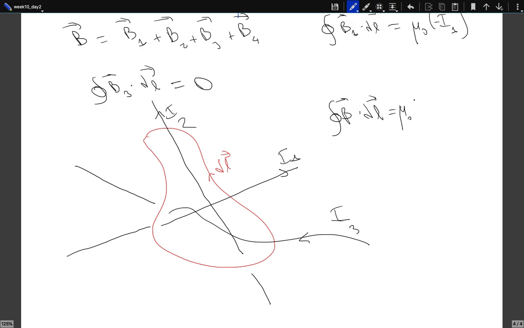So it's minus I3. What about I1? Well, it comes from behind the screen and comes to the front of the screen, plus I1. What about I2? Well, it again comes from below the screen, so it goes like this. This is how I2 goes. So it's again positive.